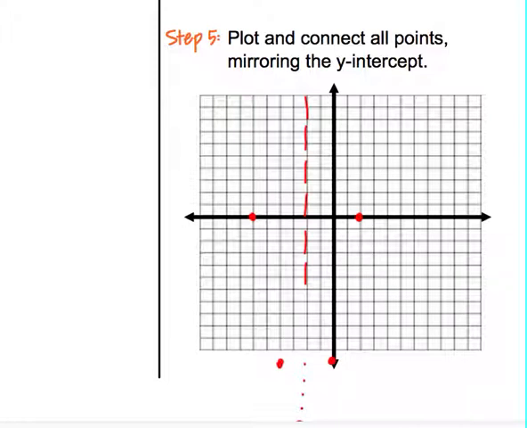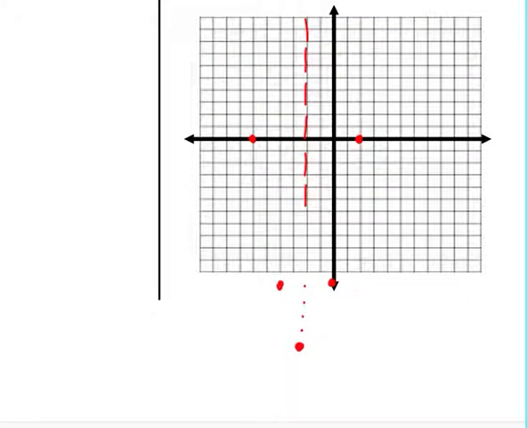And now I've got my 5 points without having to make a special t-table, and I can go ahead and make my parabola. Remember, what helps is if you turn your graph paper, your iPad, sideways, it makes it easier to graph this. So let's go ahead and try another one.